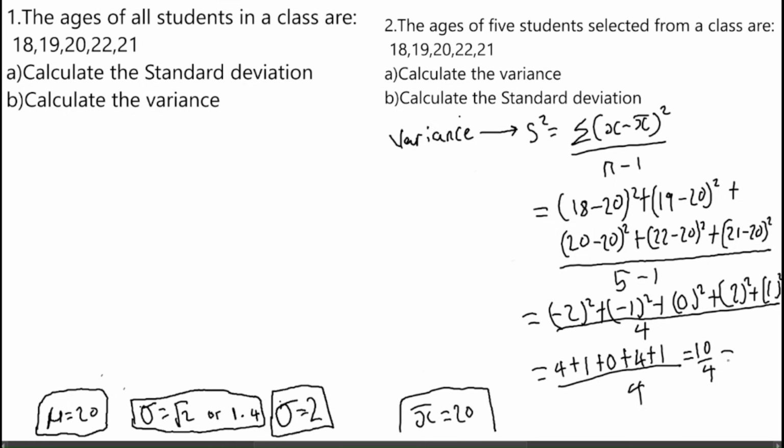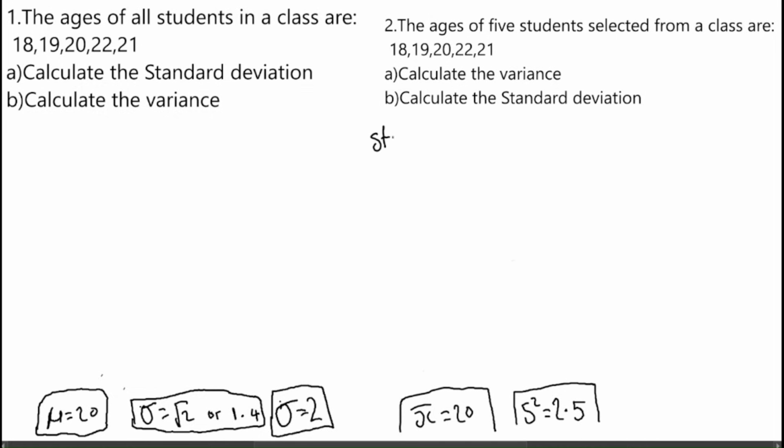So 10 divided by 4 is 2.5. So notice that the value of the sample variance is a bit close to the value of population variance. So this is how we can calculate for sample variance. So let's save our answer for later.